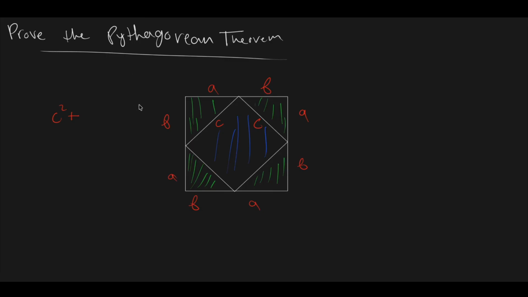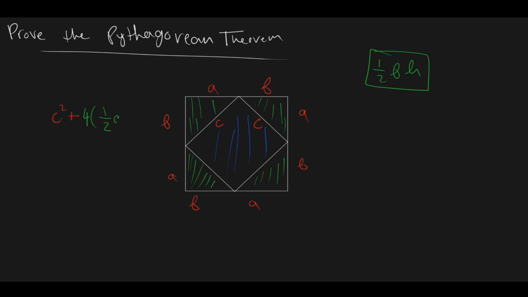Now, how do we calculate them? We know that the area of any triangle is half the base times the height. This is the formula, and we can use it to calculate the area of the four triangles. So 4 times half the base, which can be considered either A or B, there is no difference, right?